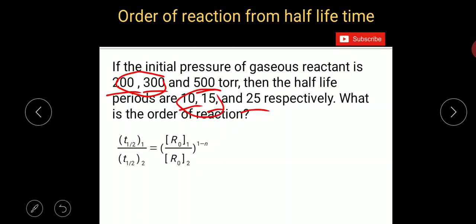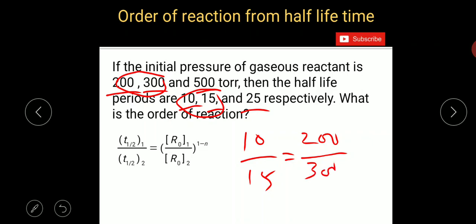Half-life time 10 by 15 equal to 200 by 300, whole power 1 minus n. This is 2 by 3 and this is also 2 by 3. So 2 by 3 equal to 2 by 3 whole power 1 minus n.